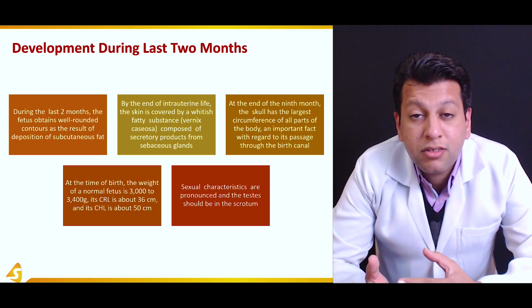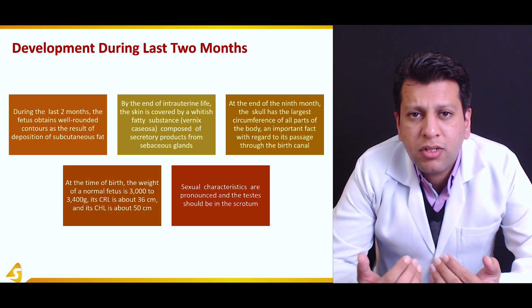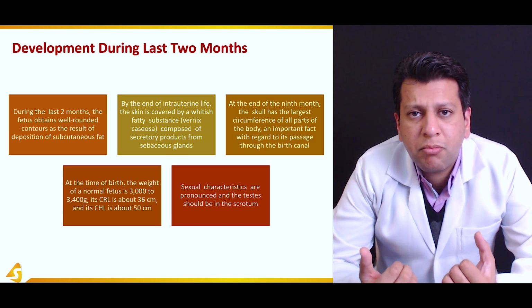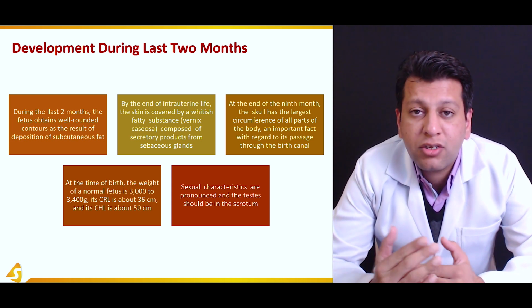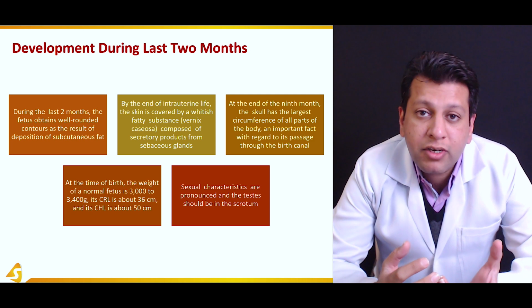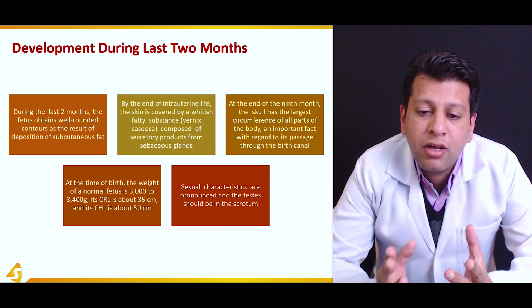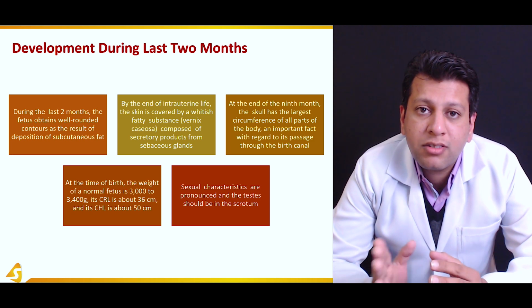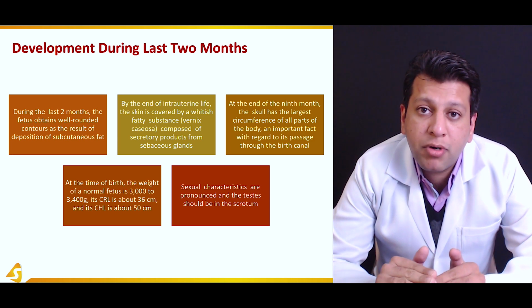Why this is important is that the testes need a little less than, for example, our normal temperature of 37 degrees Celsius. They need 1 to 2 degrees less than the normal temperature to properly function. If they are lying in the abdomen, they would be exposed to higher than normal temperature at which they can optimally function.